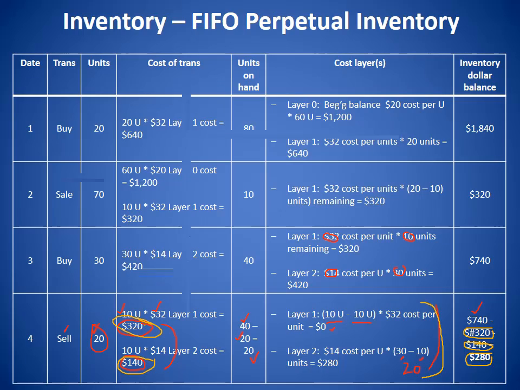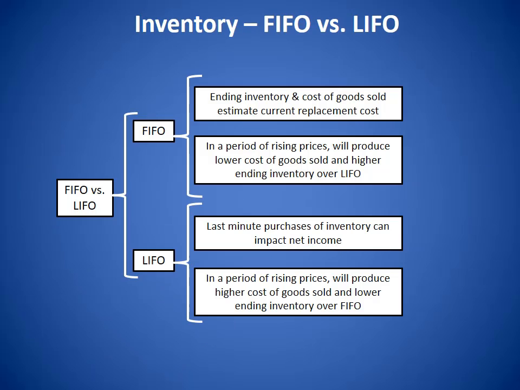Some other important characteristics between LIFO versus FIFO, or if you will, FIFO versus LIFO. Again, sometimes these questions are asked in the exam, especially in the multiple choice questions. Let's take a look at FIFO first.